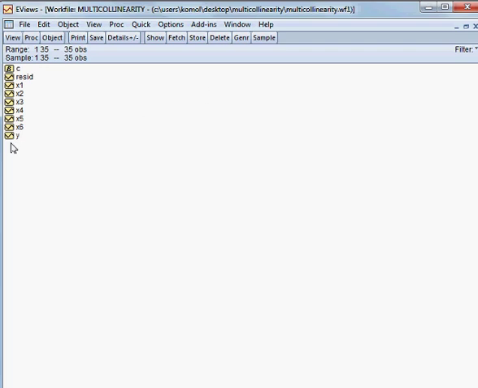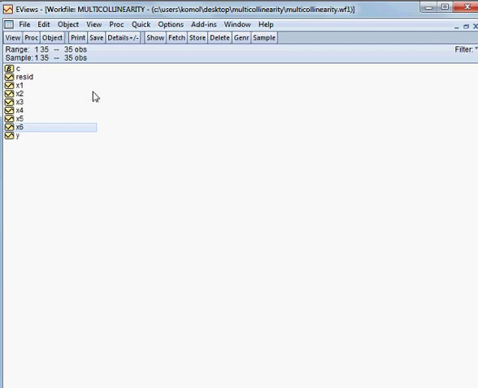And you can see from here we have many variables: y, x1, x2, x3, x4, x5, x6. So there are 7 variables, and y is the dependent variable. x1, x2, x3, x4, x5, x6 are independent variables.